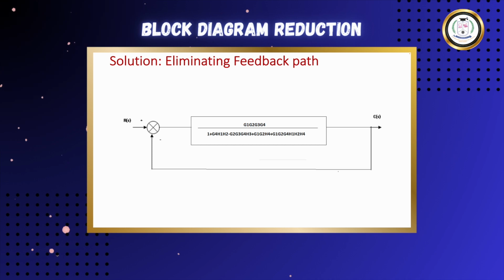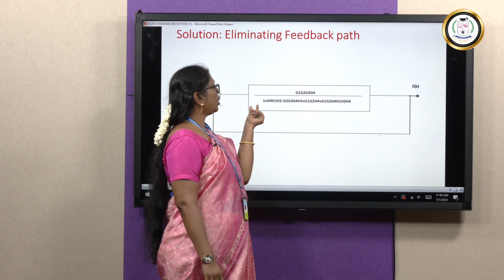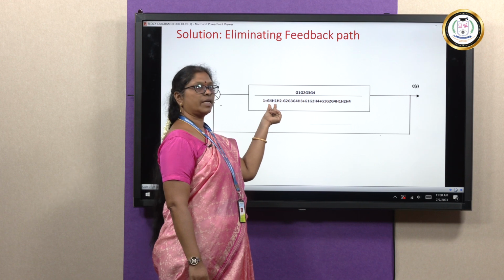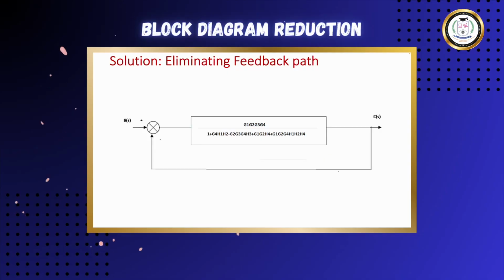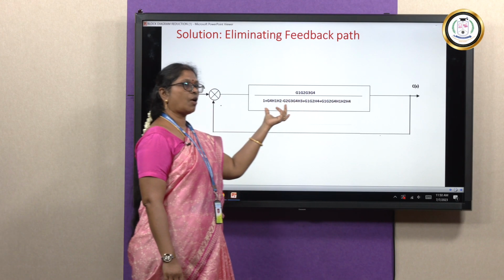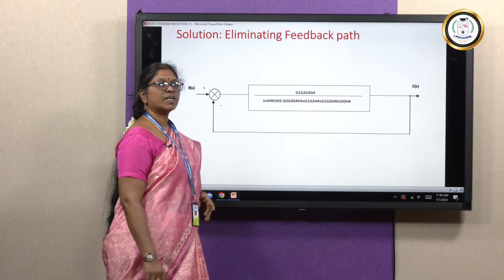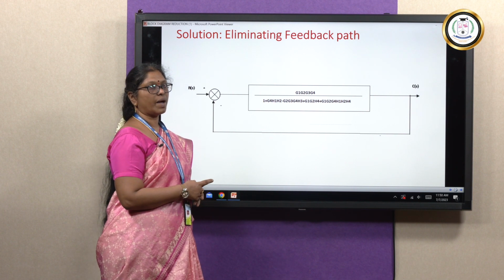This is what we got, G1, G2, G3, G4 divided by 1 plus G4 H1 H2 minus G2 G3 G4 H3 plus G1 G2 H4 plus G1 G2 G4 H1 H2 H4. So, this is what we got after eliminating the feedback path.